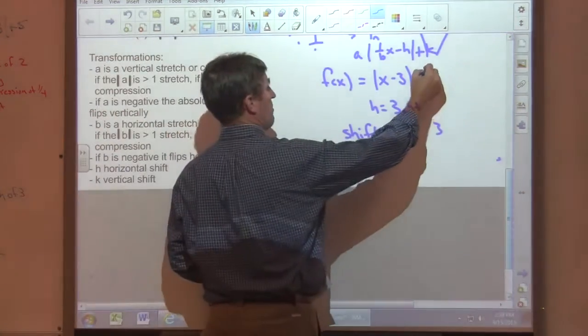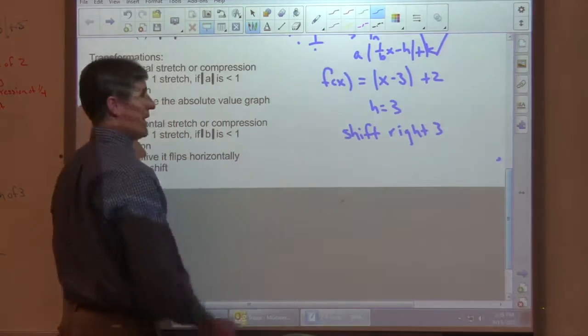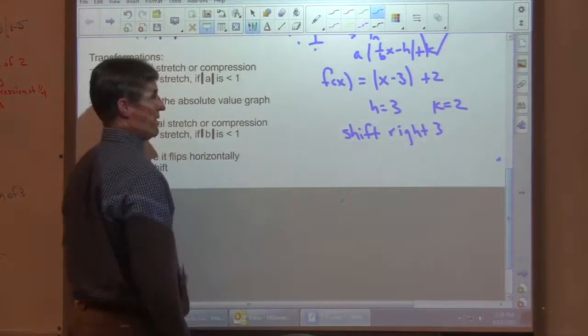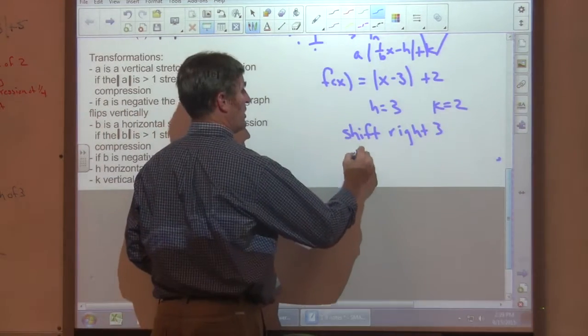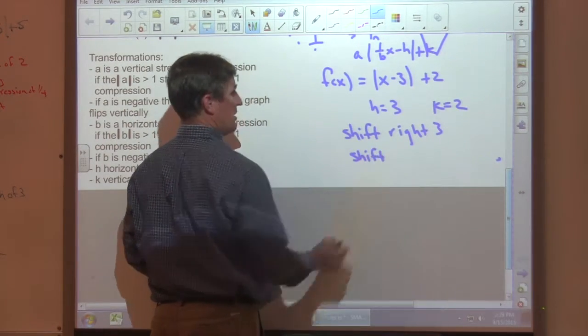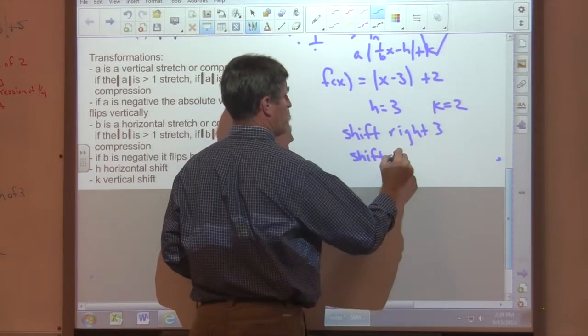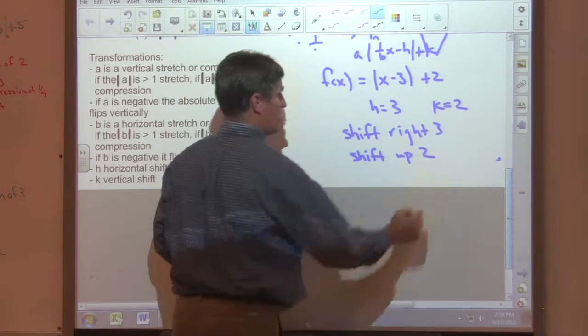And if I had a plus 2 there, then that's our k value. And our k value is 2. And so you don't need to put vertical, but the k is outside, so it's up and down. So shift up 2.